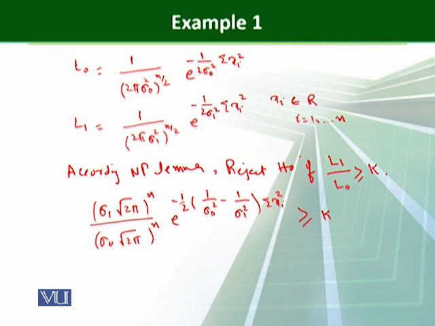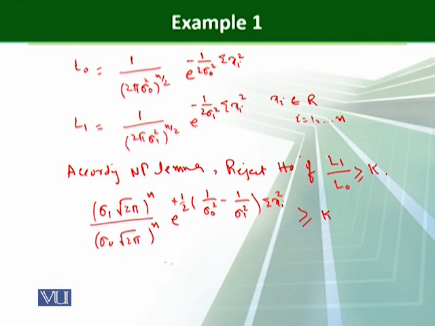Now taking the log on both sides and merging these constants into k, we get that this is positive, because when we take the ratio, the sign of the exponent changes and it becomes 1 over sigma naught square minus 1 over sigma 1 square.